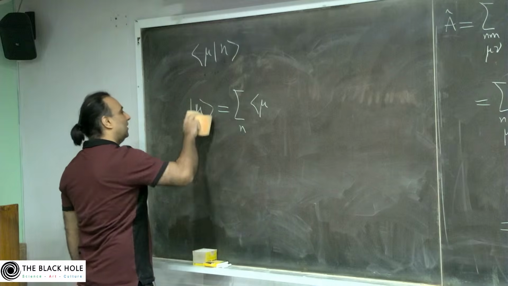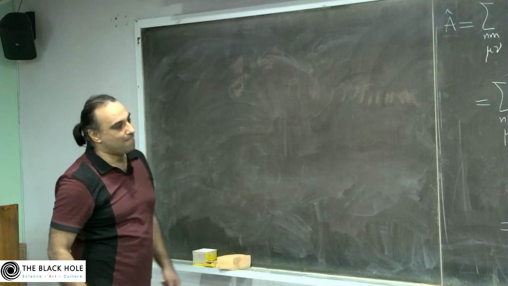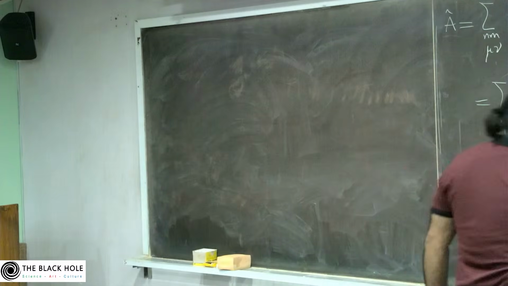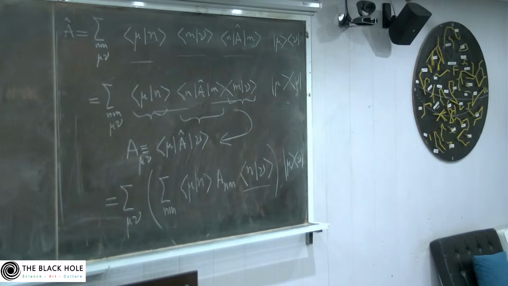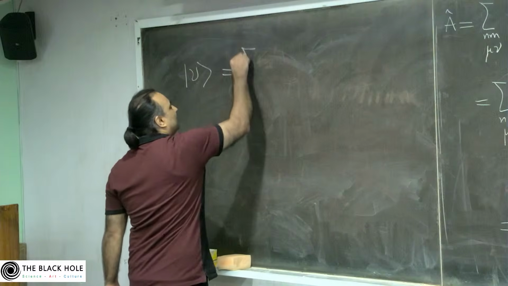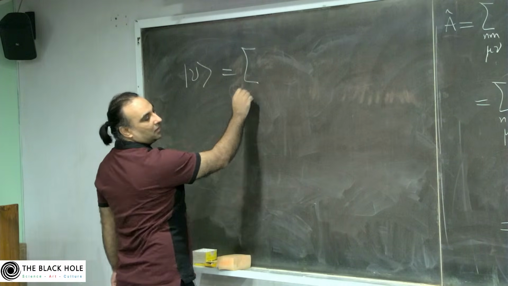So let's take the other element, this one. So we have nu and we have n, maybe that's m, yes.